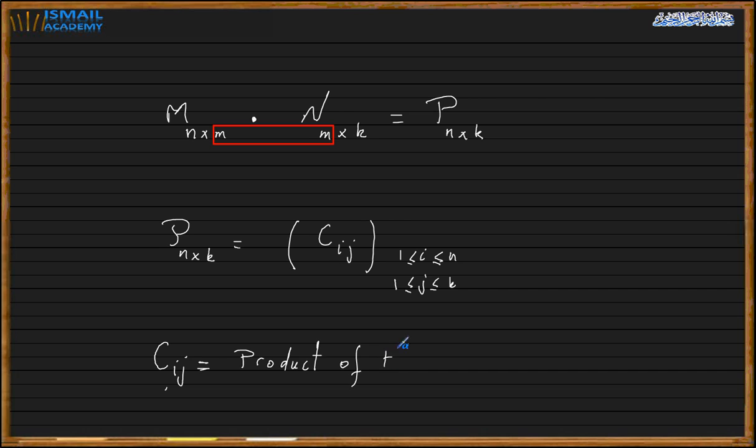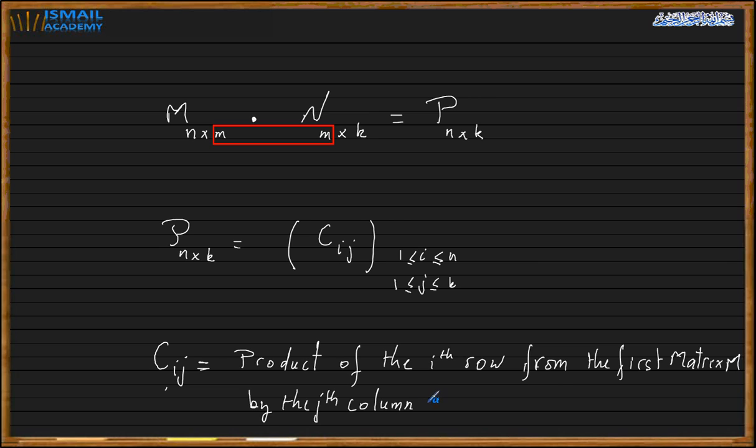of the ith row from matrix M, the first matrix, by the jth column from the second matrix, which is N. So I take the product of the ith row from the first matrix by the jth column from the second matrix.